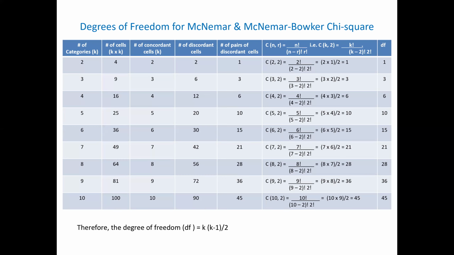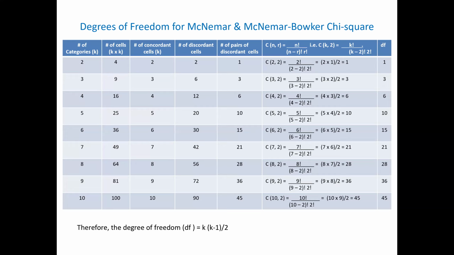In how many ways can you pair n number of items? So n is the number of categories. In how many ways can you pair them? The number of categories will be the n, then what you want is to pair, and a pair needs 2.